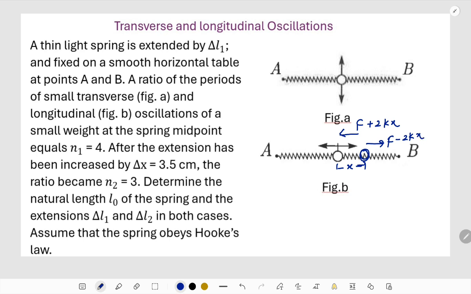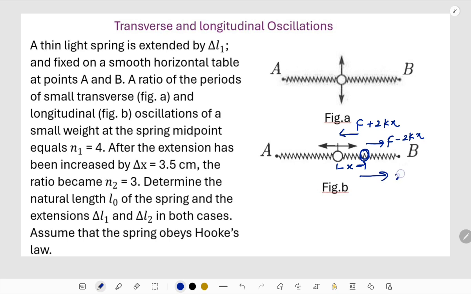So these are the forces acting on the ball or a small weight right now, and we can write the equations accordingly since we displaced in this direction.